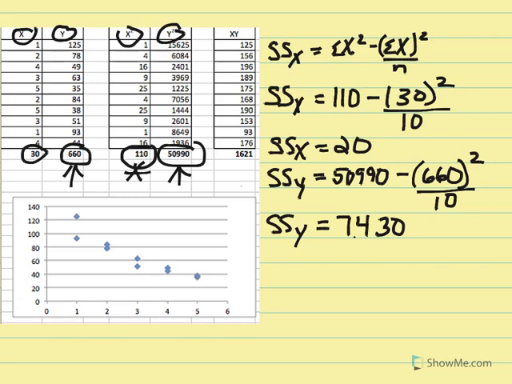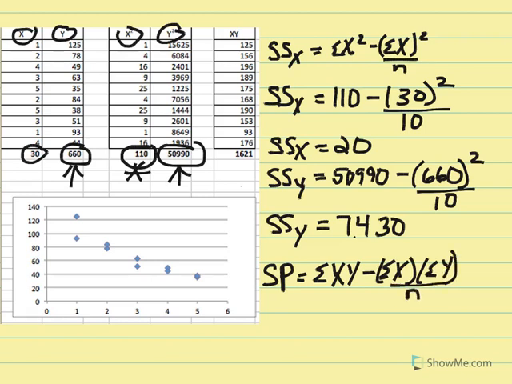And now we can calculate SP. So again, SP is the sum of X multiplied by Y minus the sum of X multiplied by the sum of Y over N. We can replace variables. So we need to explain this last category.